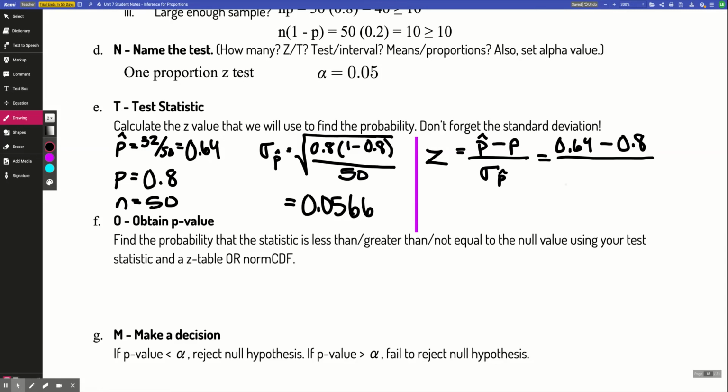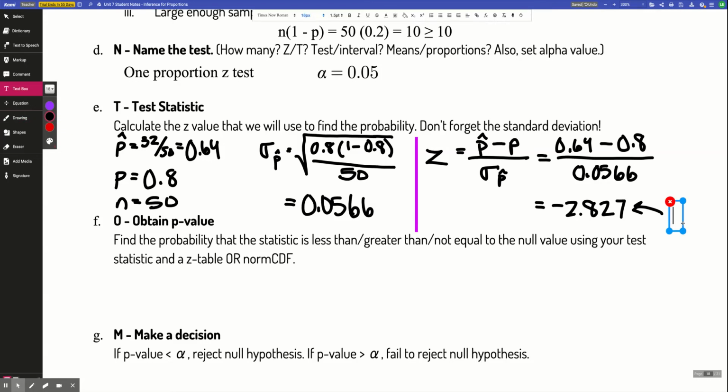Okay, 3 to 4 decimal places is usually fine when you are working with your standard deviation, right? And then just plug that into your calculator. So when I plug this into my calculator, I got negative 2.827. So this is my test statistic. Right, that number right there is my test statistic.